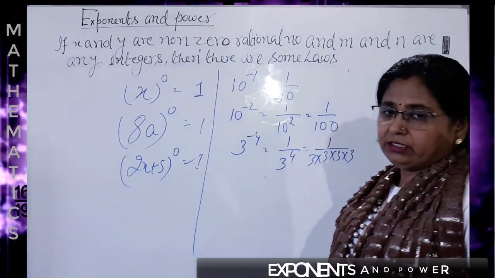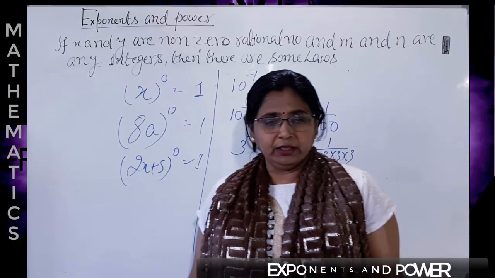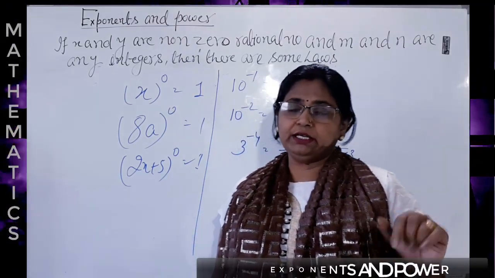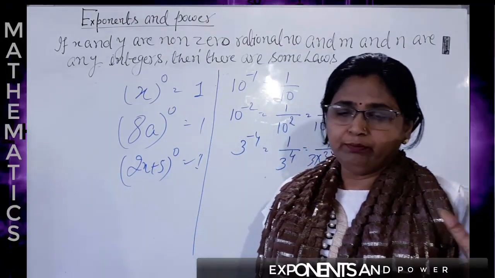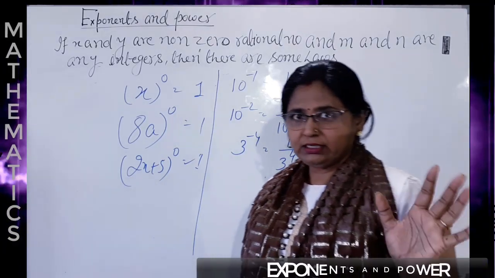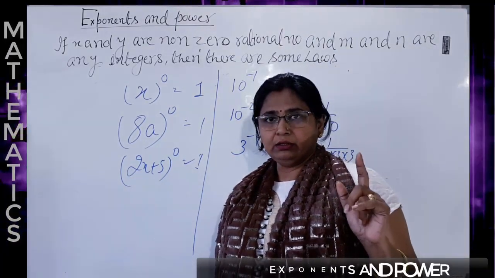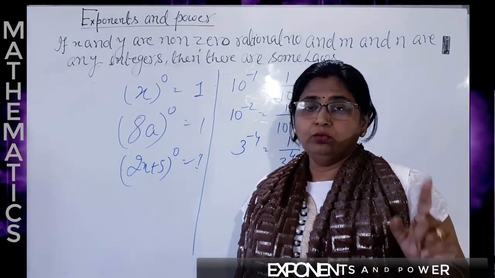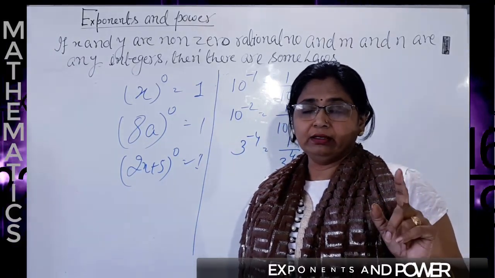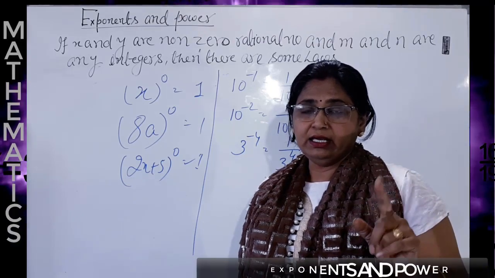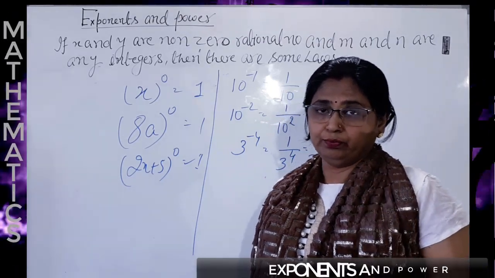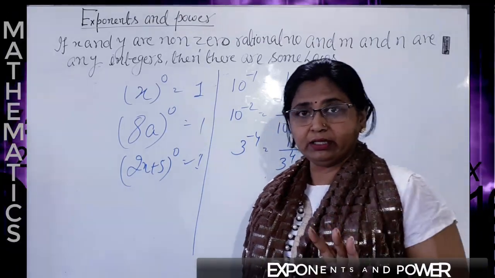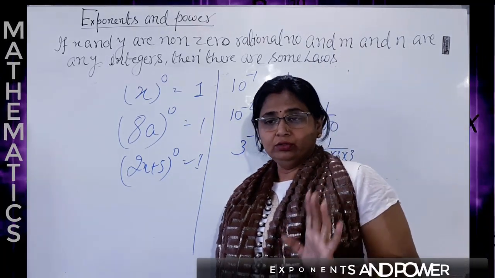It is a negative integer. In this way we can explain: p by q is in the form of a rational number, where p is any integer and q is not equal to 0. P and q are any integers, but the condition is q is never equal to 0.